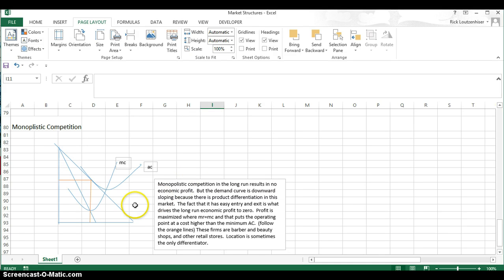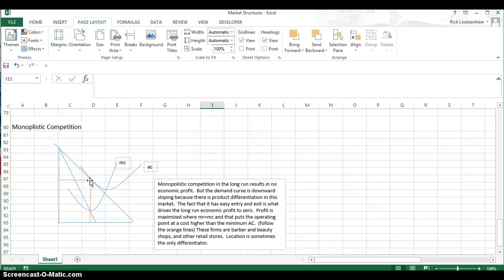So what happens is in monopolistic competition, you end up with the firms in the long run having their price equal to their average cost, which means they are making as much money as they could in their alternative opportunity, but they are not making more than that. They're not making a killing, in other words.